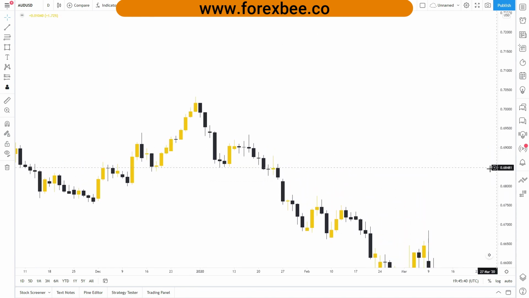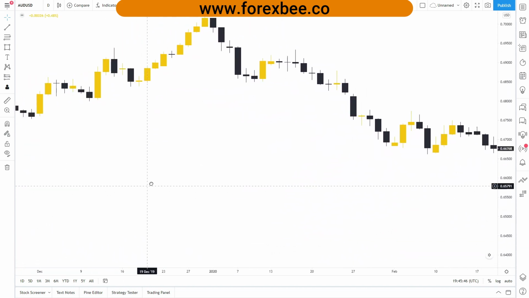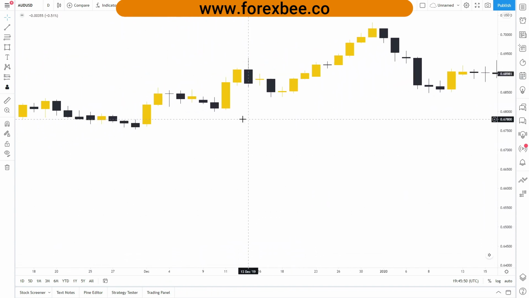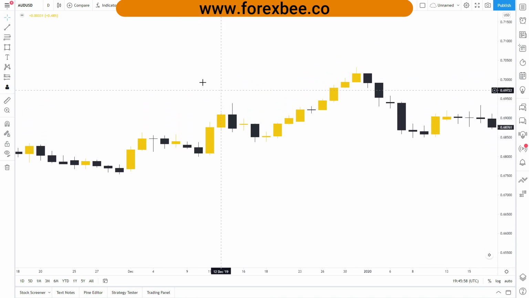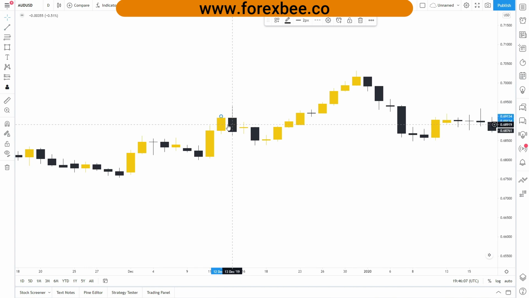So here, let me increase the size of this, and here we can see that this candle is being engulfed by this bearish engulfing candle. So we can do a similar thing here. We can draw our resistance level by drawing a line.